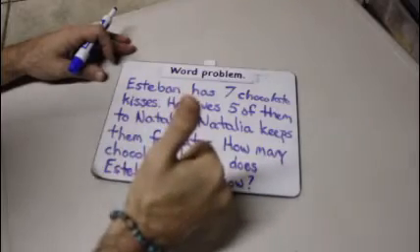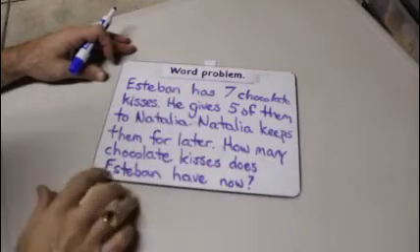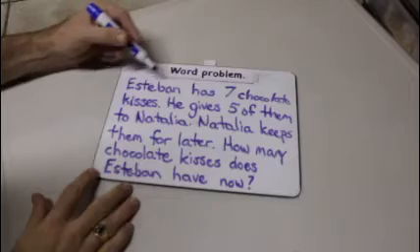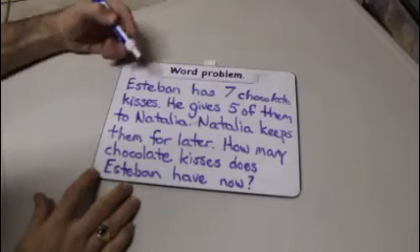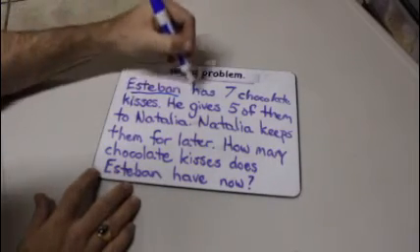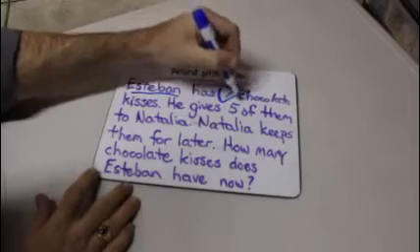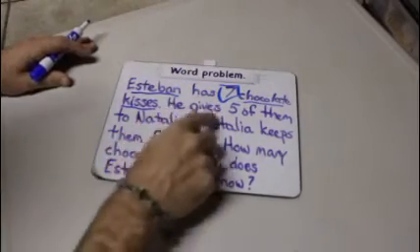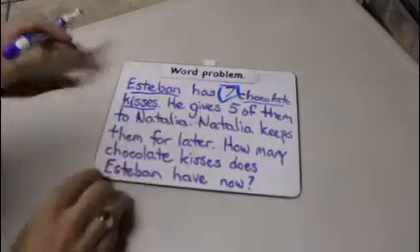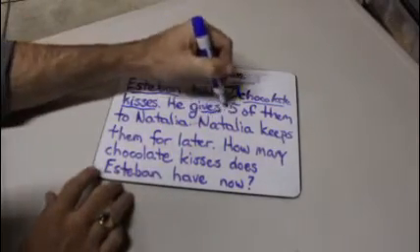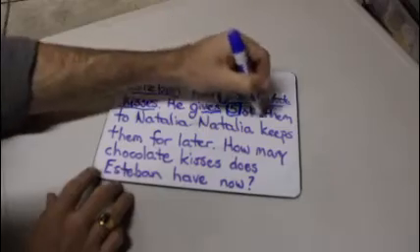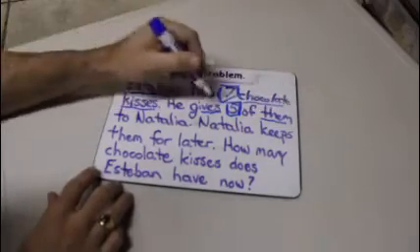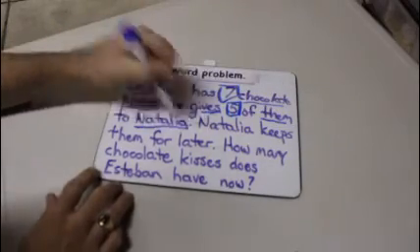Good mental math. Okay, let's get the important information. Esteban has 7 chocolate kisses. He gives 5 of them, being chocolate kisses, to Natalia.